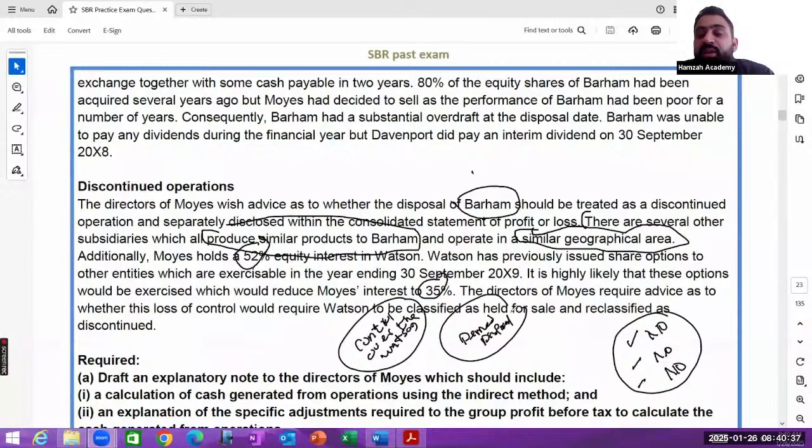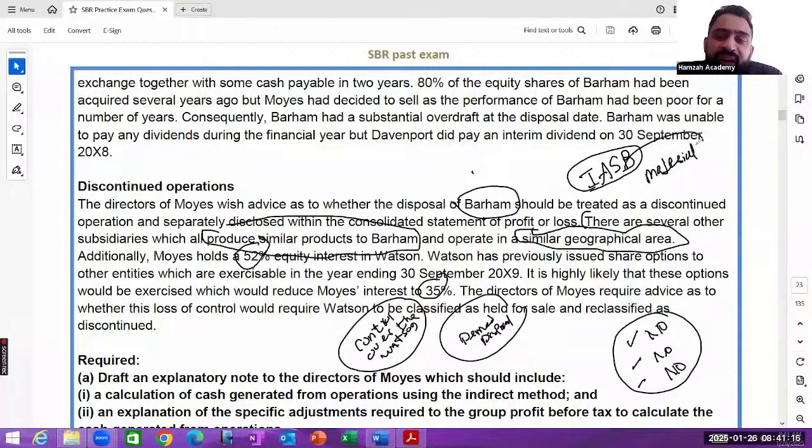Okay, good. However, it is a material change. You have lost the control, but it does not constitute held for sale as per IFRS 5. But here the IASB, the International Accounting Standards Board, suggests that losing control over a subsidiary is a material effect.